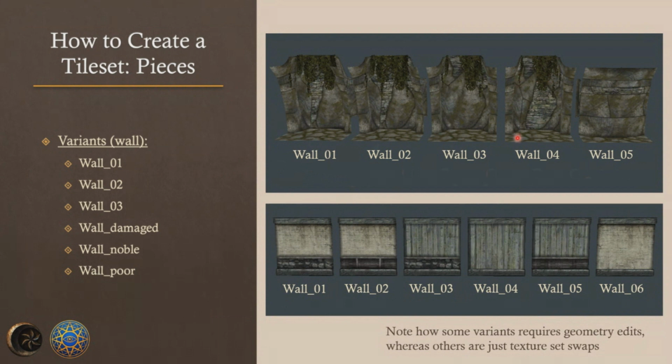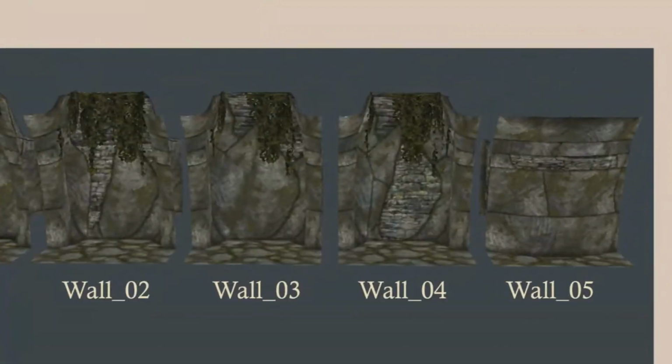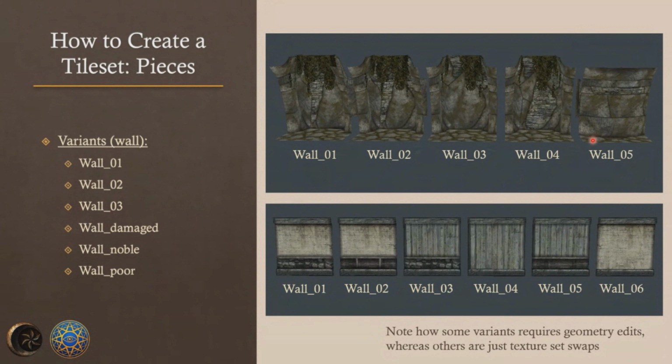This one has some more brick here, whereas this one has completely different geometry. I could zoom in on this piece. From this angle it's hard to tell, but this is a little arch right here, and it closes off the arch. So it's just different from the rest of these.